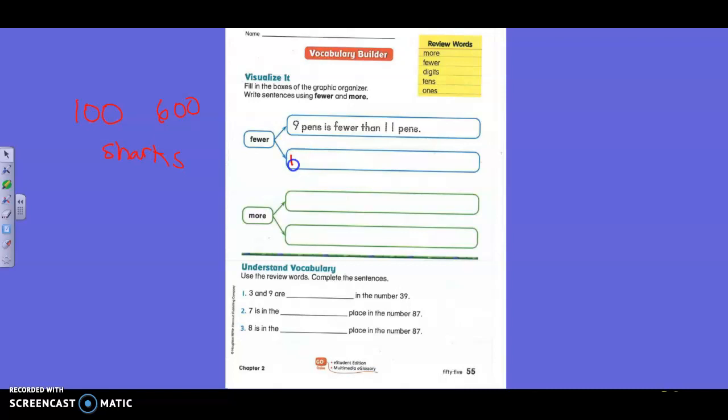So, 100 sharps is fewer than 600 sharps. Write that down.